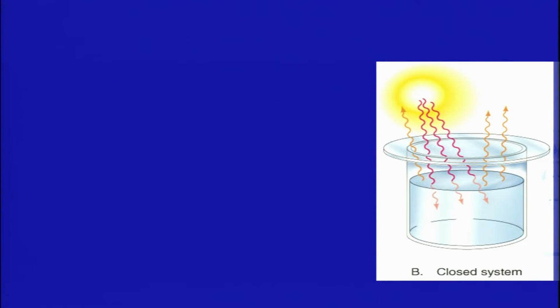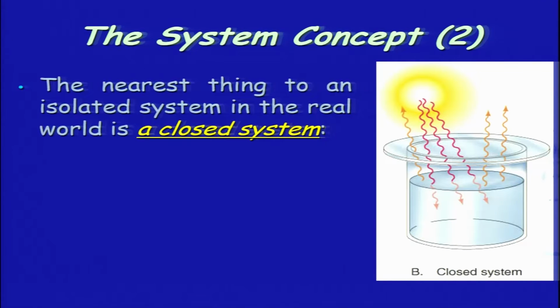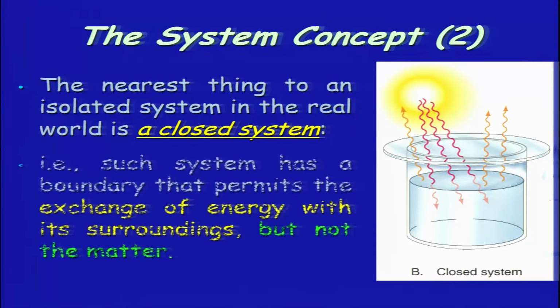Then the second is the closed system. The nearest thing to an isolated system in the real world is the closed system. Such a system has a boundary that permits the exchange of energy with its surroundings, but not matter.